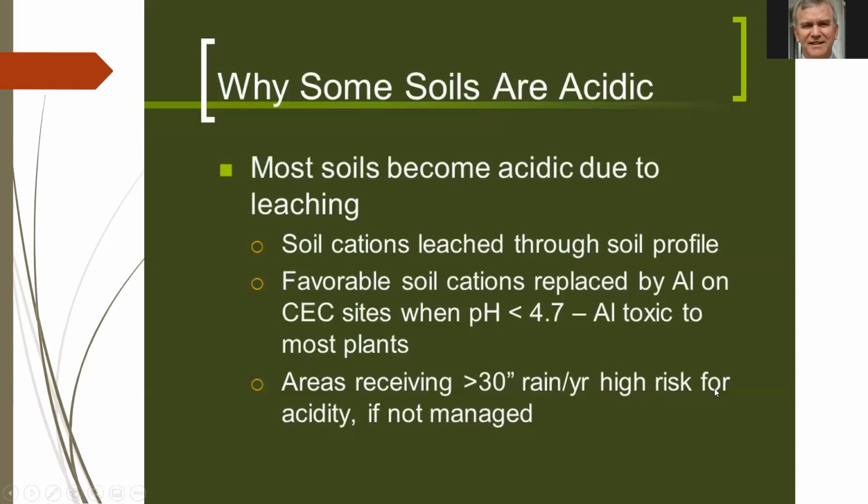Why do soils become acidic? Most soils become acidic due to leaching. Leaching is a word that's used in agronomy to describe the infiltration of mineral components in the soil. It can include nitrogen, especially nitrogen. Any water-soluble component in the soil can be leached into levels of the soil which are lower than the root zone.